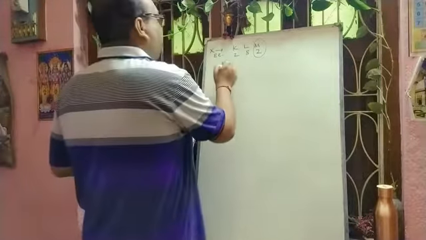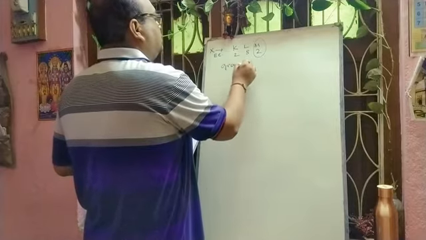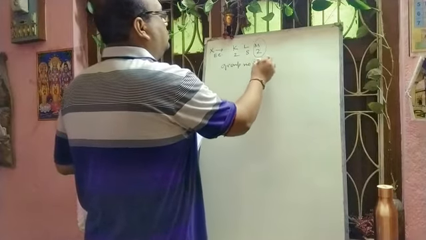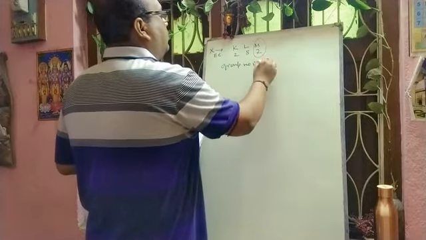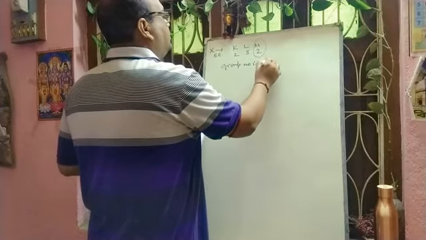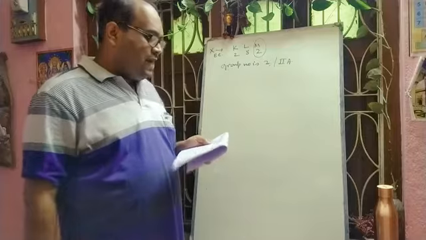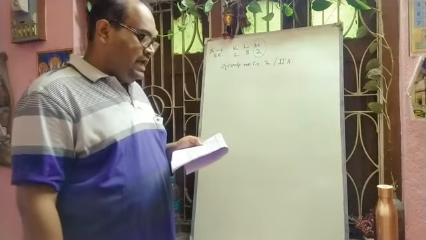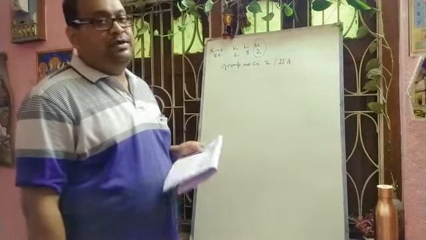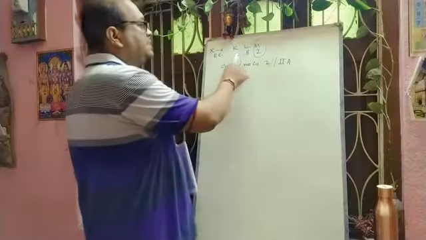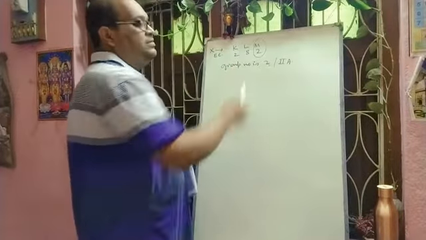So here group number is 2, or you can write the older form 2A. Next one is, what is the period number of the element X in the periodic table? Period number means here this is the first period, second period, definitely it will be the third period.